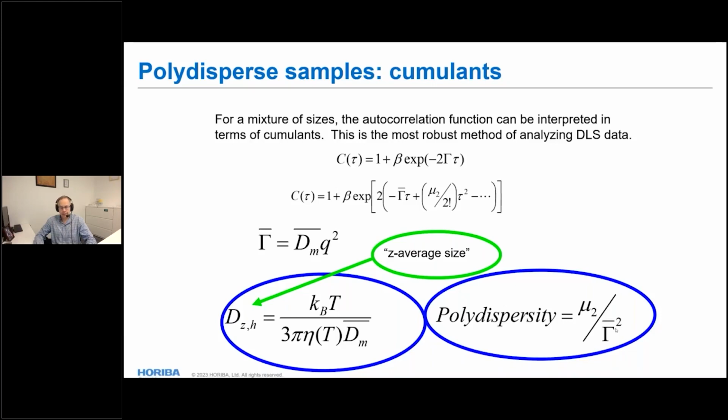So the cumulants technique works reasonably well for more realistic samples. And we can now talk about 2 measures of your sample, your Z average as an average size, and the width of the distribution as the polydispersity.